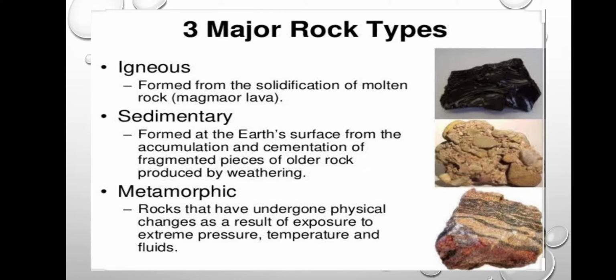Igneous rocks are formed by the solidification of molten rock, magma or lava, which I have just discussed. And sedimentary rock is formed on the earth's surface from the accumulation and cementation of fragmented pieces of older rock produced by weathering.